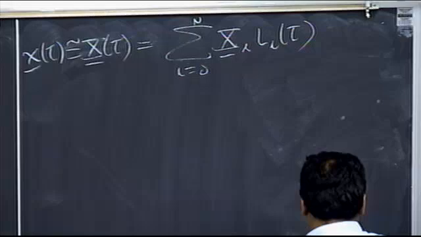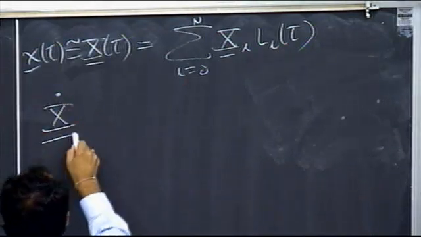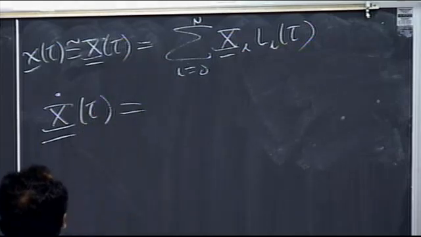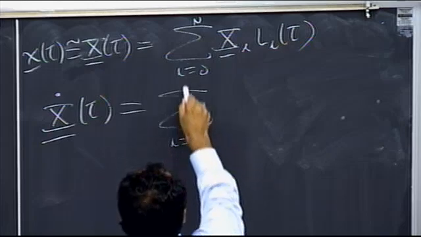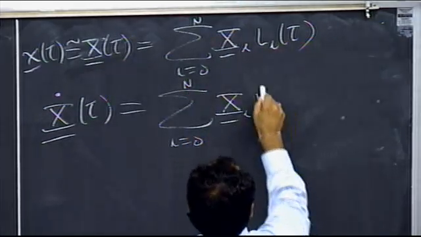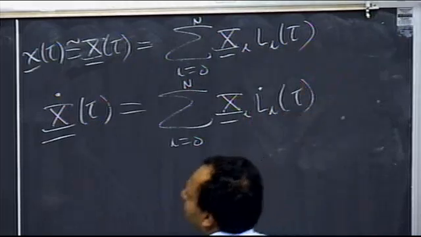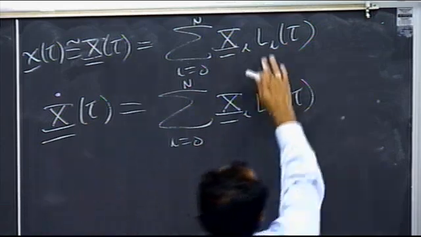It's a strange result in some ways, but it's not that strange. So what's x dot of tau? It's the sum from i equals 0 up to n of x_i l_i dot of tau. What's the degree of this polynomial?